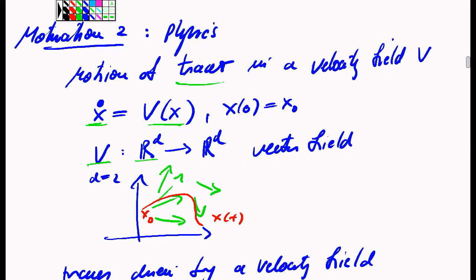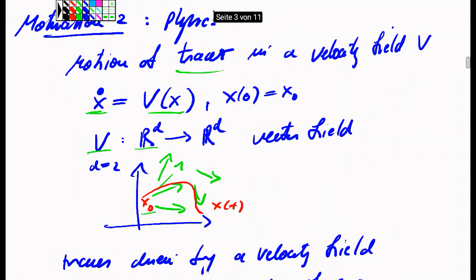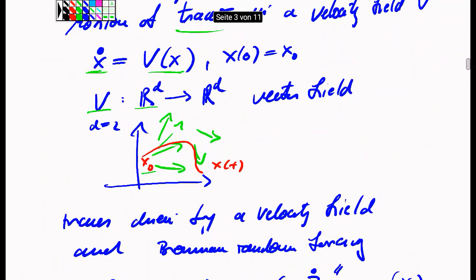In green, we depicted as arrows the velocity field, and the red curve would be the integral curve or the solution to such an ODE when we have, for instance, a time-constant velocity field v. You could think of the red curve being the actual trajectory of the table tennis ball, which is thrown into this swimming pool.